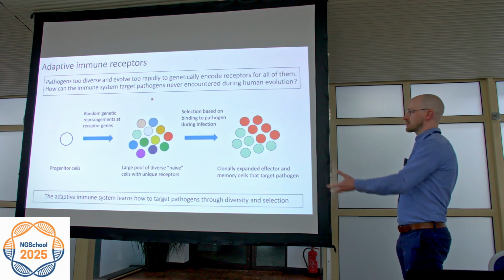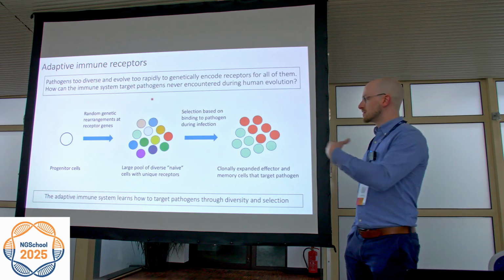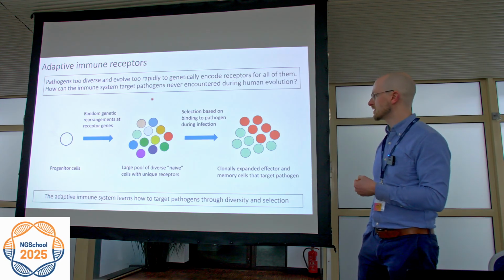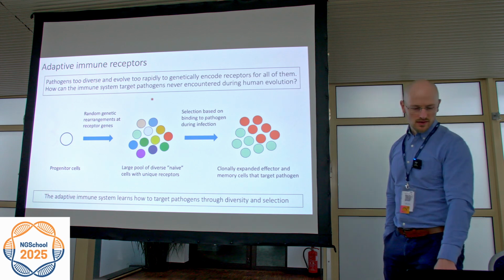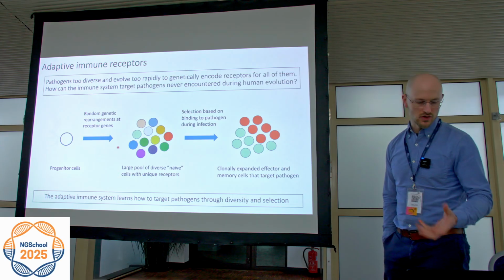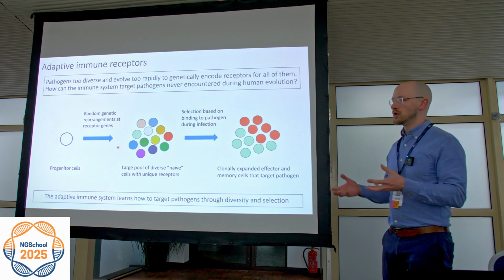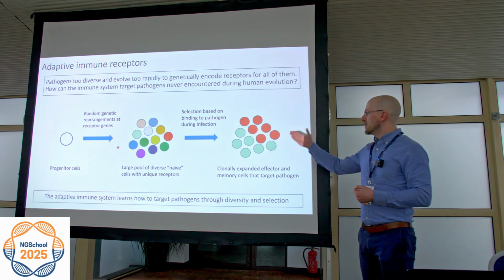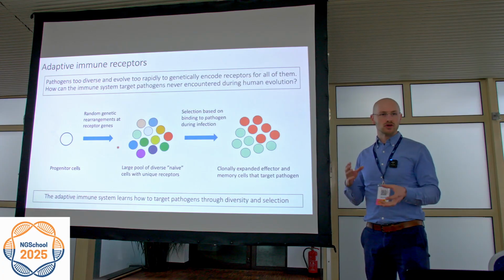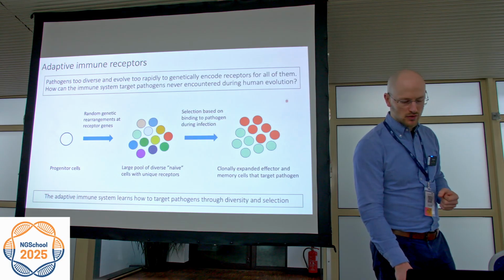So there's a common process of the adaptive immune system, and that is starting with progenitor cells, where you have random genetic rearrangements of receptor genes. This creates a large pool of naive cells with unique receptors. And then once we have this large pool of naive cells, we then select those cells for expansion and production of memory cells based on the pathogens we're actually exposed to.